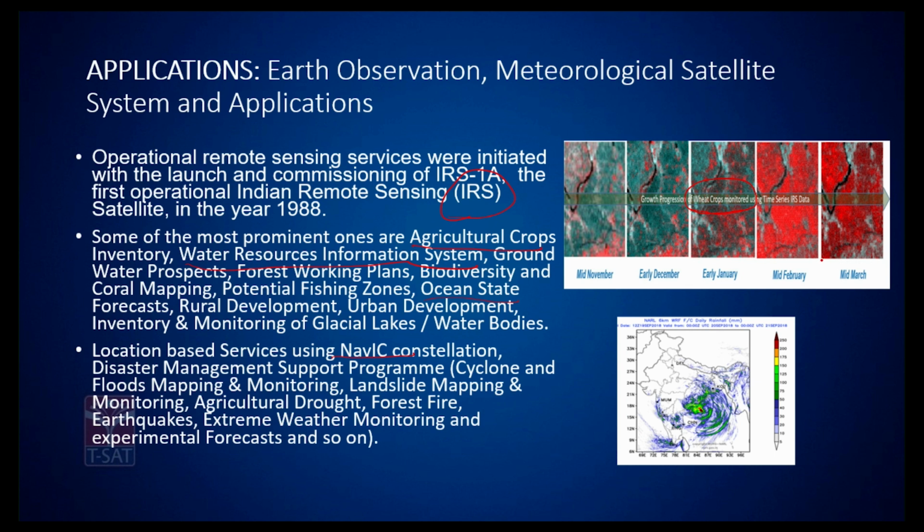The analysis of these images will lead to a conclusion on how much agricultural produce can be produced, and what the water resources information is, like groundwater: whether the groundwater is depleting or not, how much it is depleting, and if it increases, how much it increases. All these things are forecasted and given as proper information using this kind of pictures.